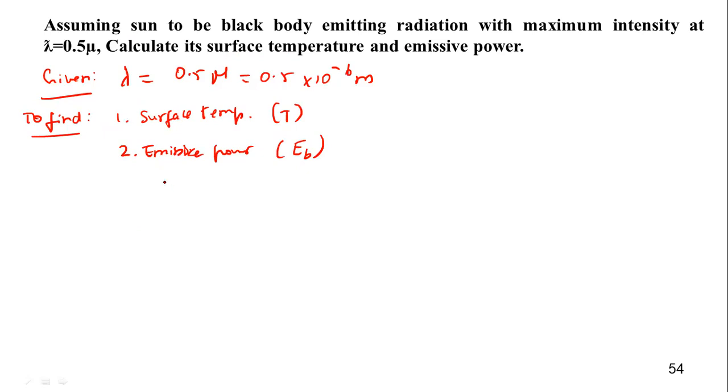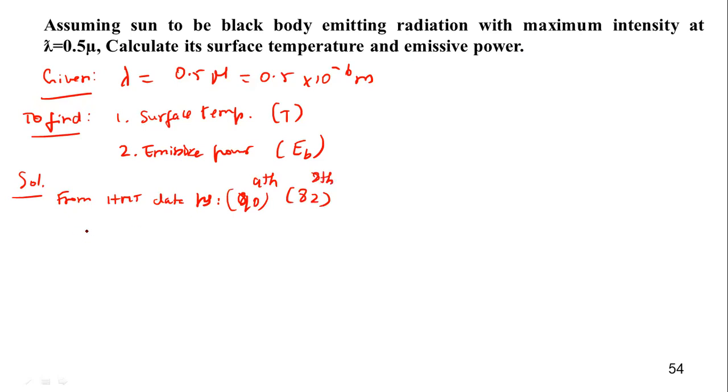According to Wien's displacement law, from the HMT data book, the page number is 90 for the 9th edition and 82 for the 8th edition.